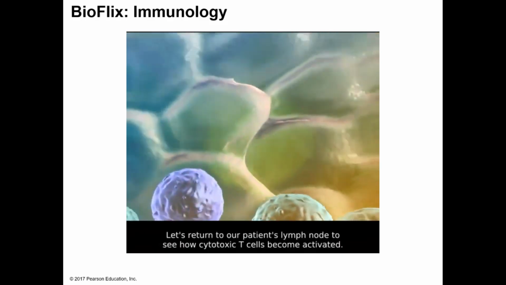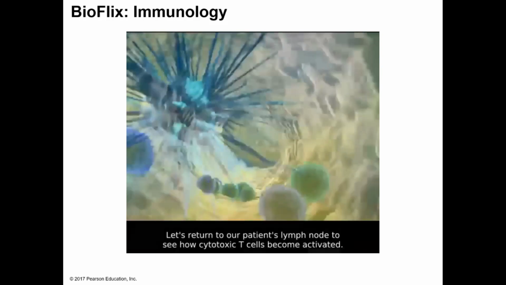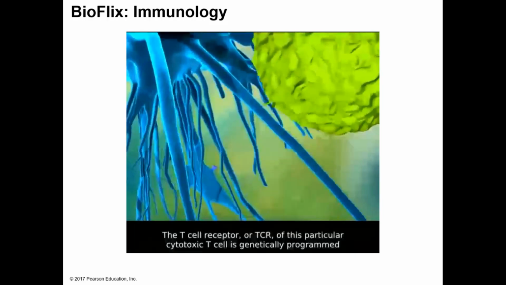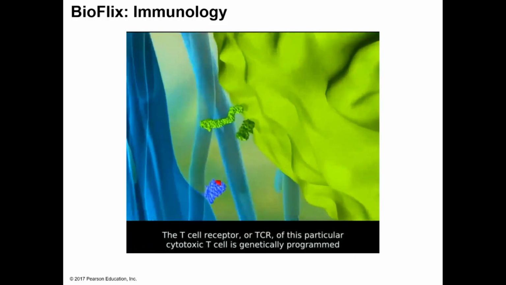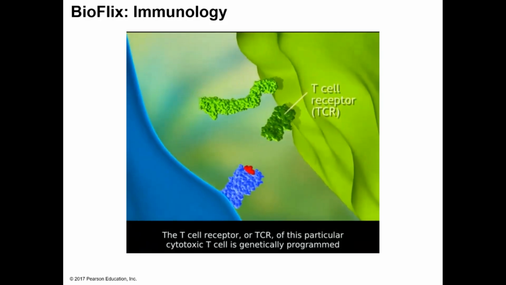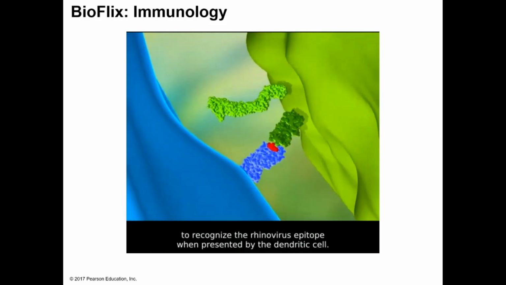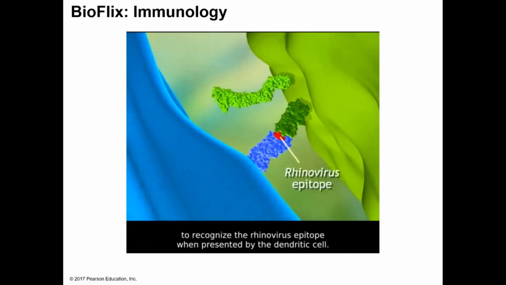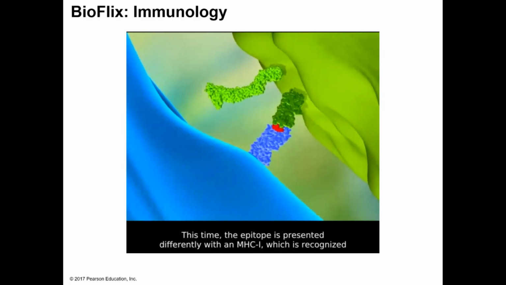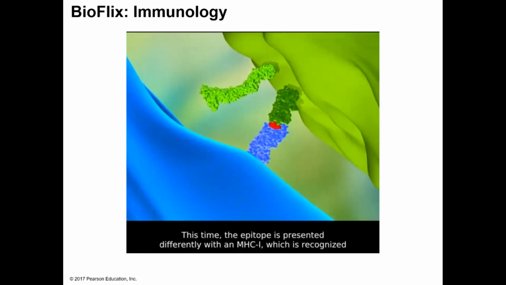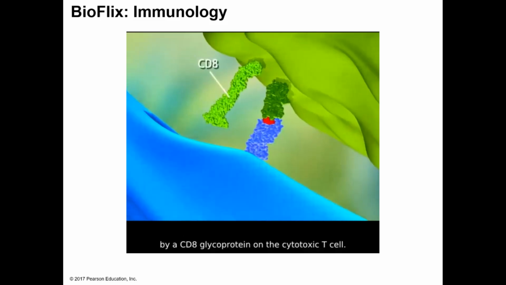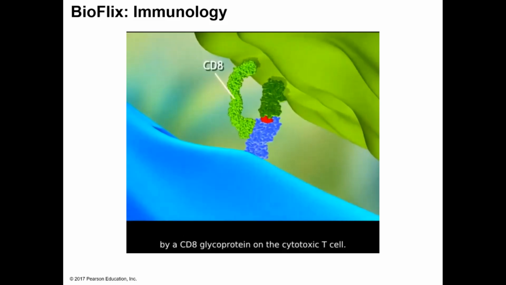Let's return to our patient's lymph node to see how cytotoxic T cells become activated. The T cell receptor, or TCR, of this particular cytotoxic T cell is genetically programmed to recognize the rhinovirus epitope when presented by the dendritic cell. This time, the epitope is presented differently, with an MHC1, which is recognized by a CD8 glycoprotein on the cytotoxic T cell.